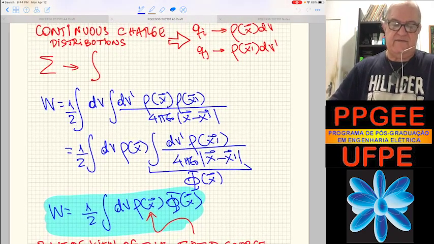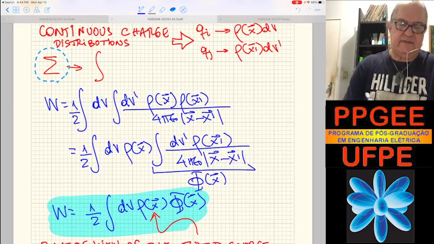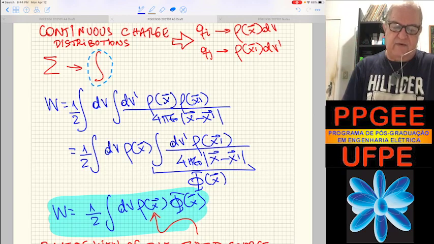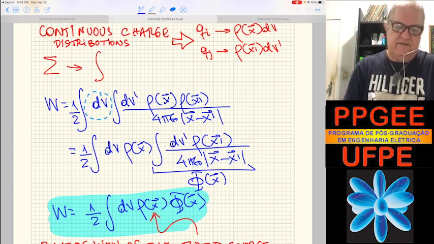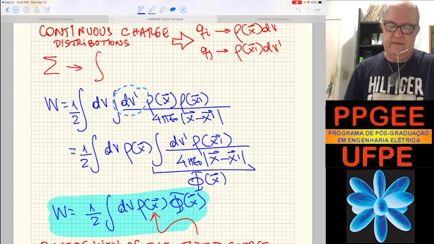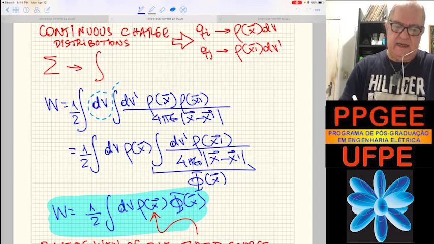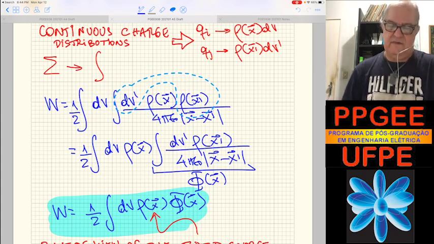So then the summation becomes an integral, right? So we have a double volume integral here, dV prime. That's what you would have. So this thing here is dq, and this thing here is dq prime, right?